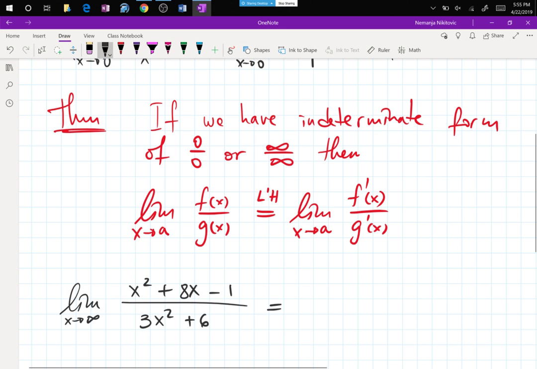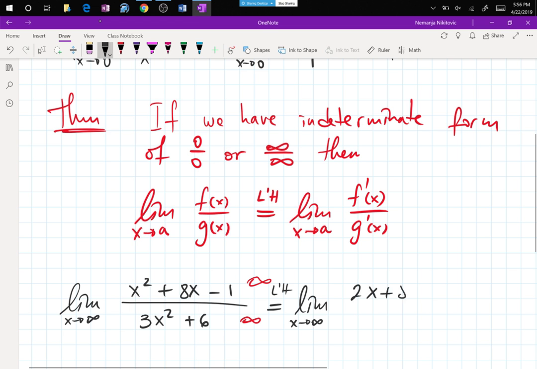And now we learn the best way. So what happens when I plug in infinity? Infinity squared is infinity plus another infinity and then minus 1, divided by infinity. So this is indeterminate form, infinity over infinity, which means that I can use L'Hopital's rule.